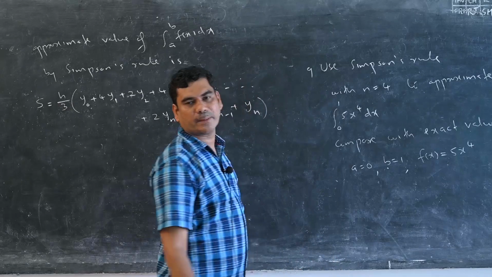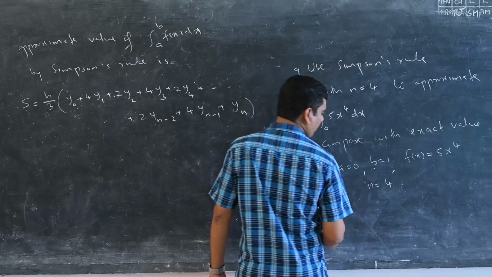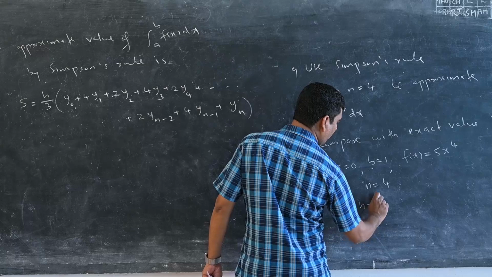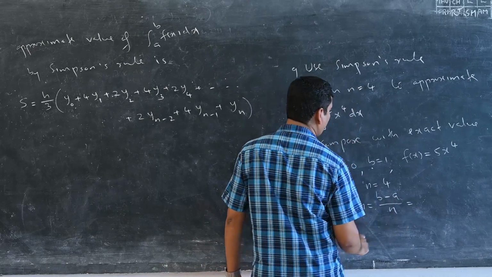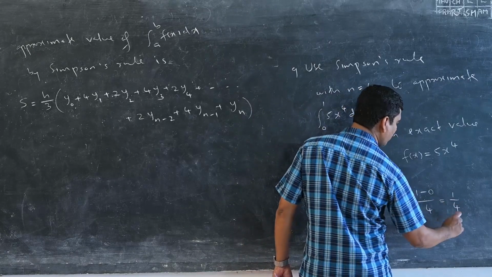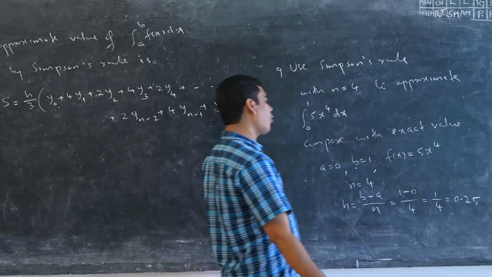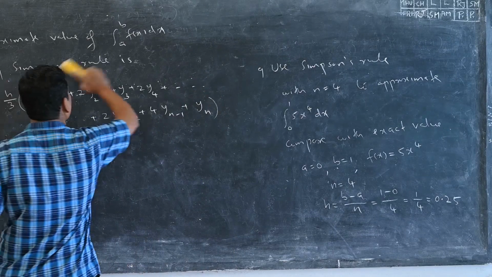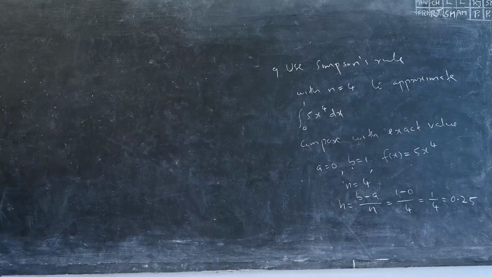Given the number of subintervals n is equal to 4, the length of the subinterval h is equal to b minus a divided by n, which is 1 minus 0 divided by 4, that is 1 by 4, which is 0.25. So h is equal to 0.25.